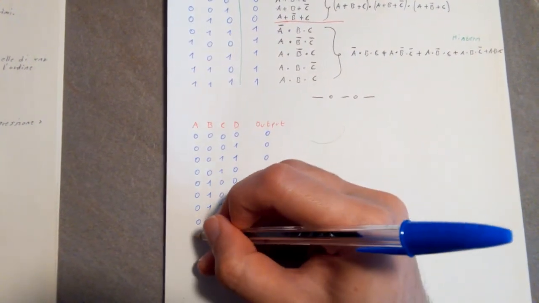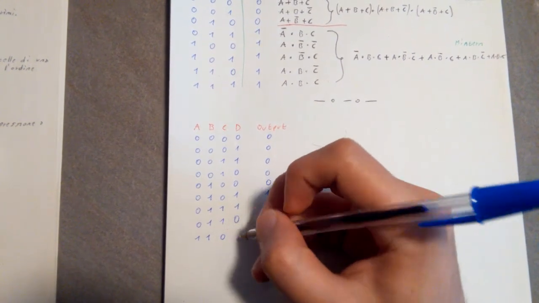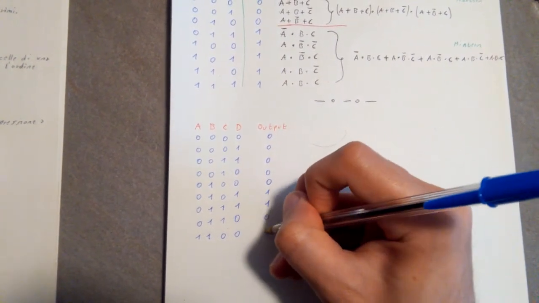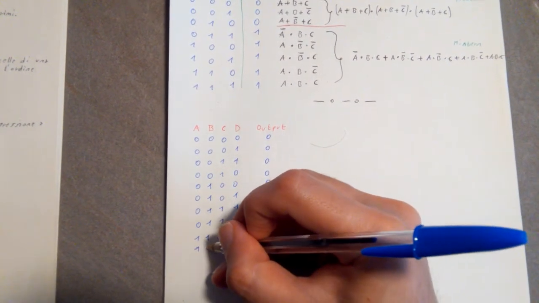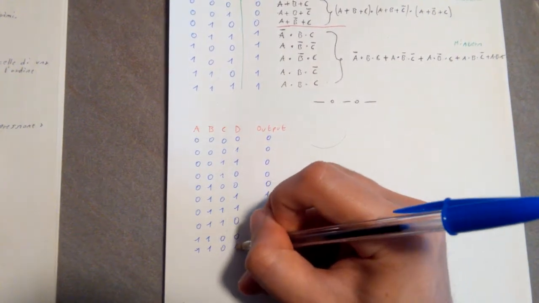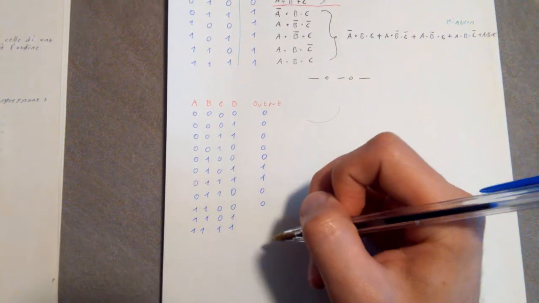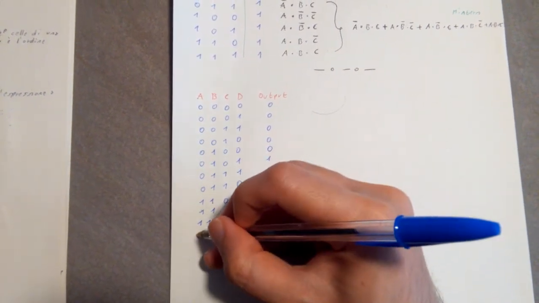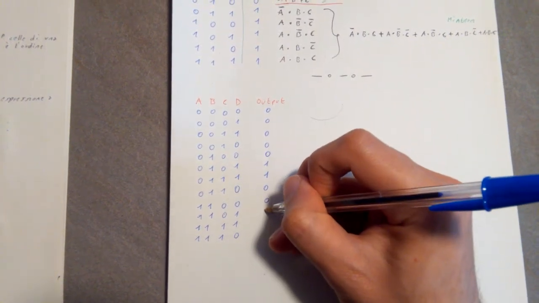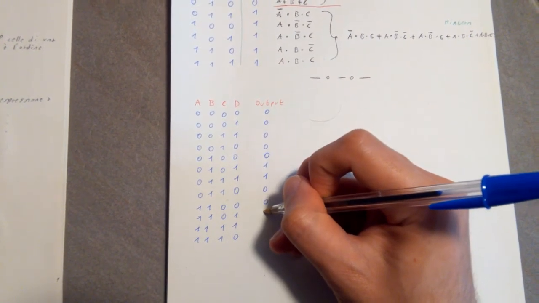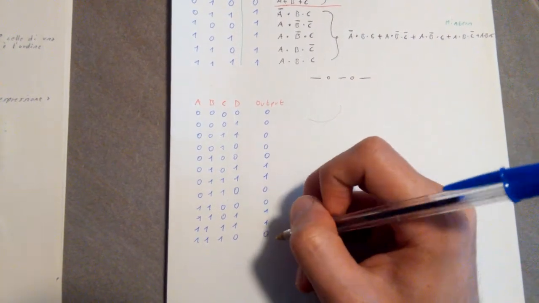And then we can go on and say, okay, we also have 1, 1, 0, 0, with output, I don't know, 0. And then we have 1, 1, 0, 1; 1, 1, 1, 1; and 1, 1, 1, 0.